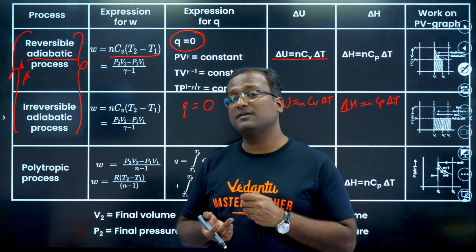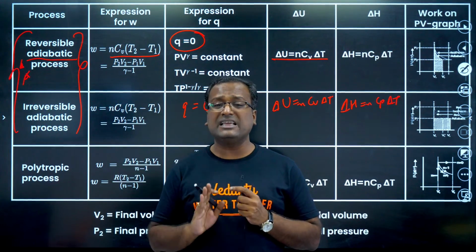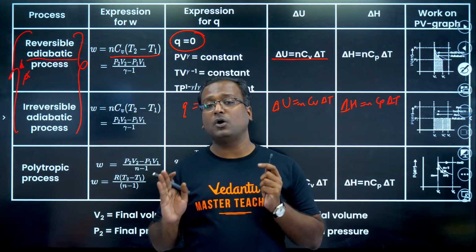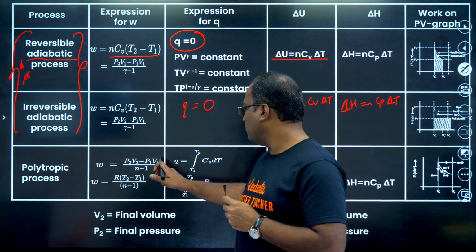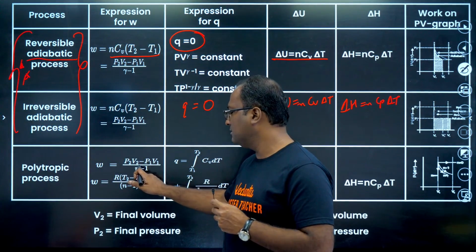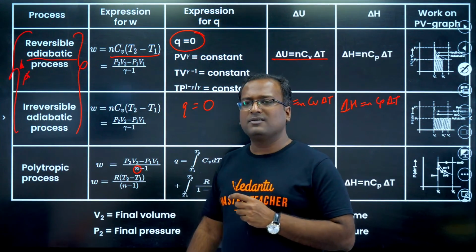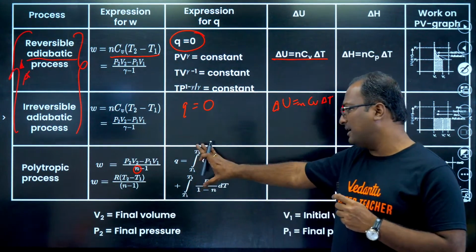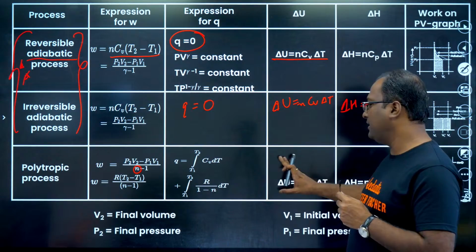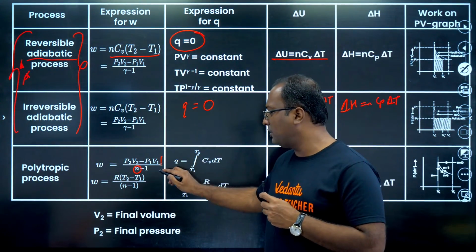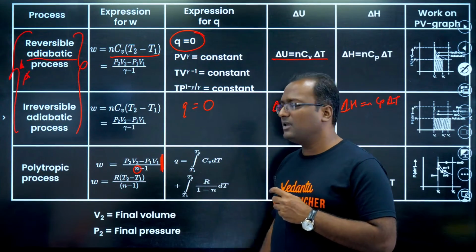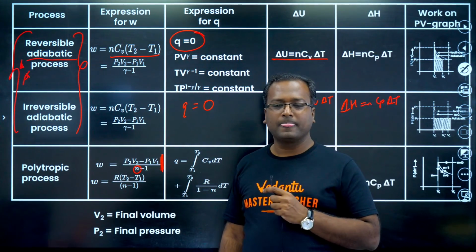In adiabatic processes, we know heat exchange is 0. Polytropic mein that is not the case. Polytropic mein it all depends on what is the value for N. Okay, so in case of polytropic process, please remember the formula properly and these values that will help you move ahead. Even if you remember this properly, it's more than enough.